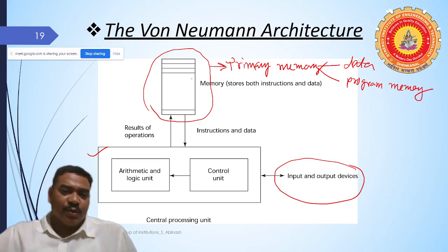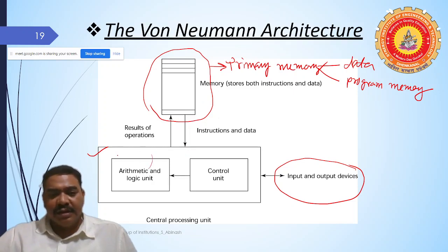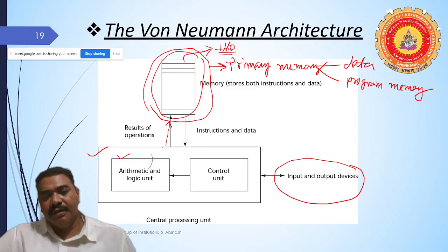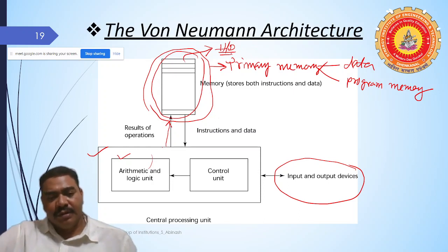The data and instructions will be fetched from the primary memory to the processor, and the processor will perform all the logical and arithmetic operations, and the result will be returned back to the memory once again. From this memory it will be transferred to the hard disk or secondary storage devices like the tape drive, the magnetic disk drive, etc.